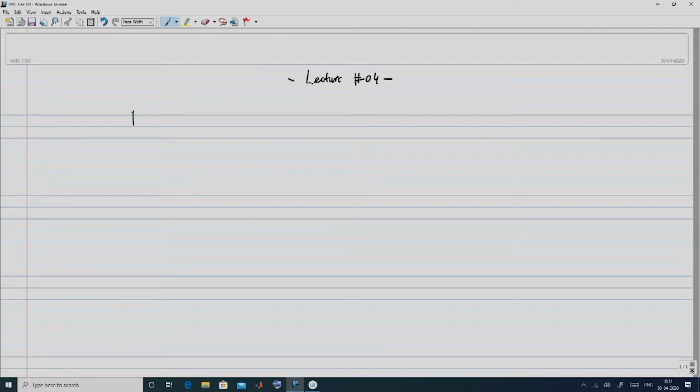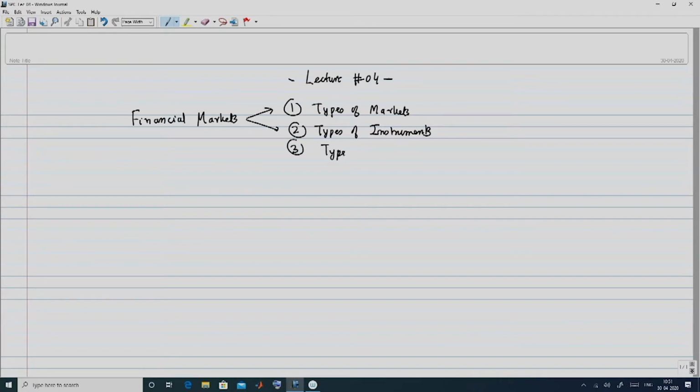So, the emphasis of this lecture, as I said just now, is going to be on financial markets, and in particular we will look at three aspects of financial markets, namely the types of markets, and we will then talk about types of instruments, and finally we will talk about the types of traders.